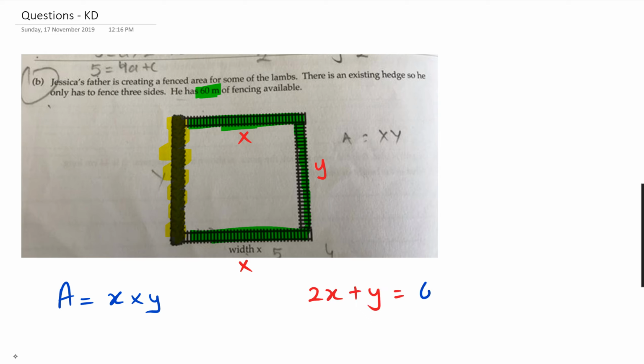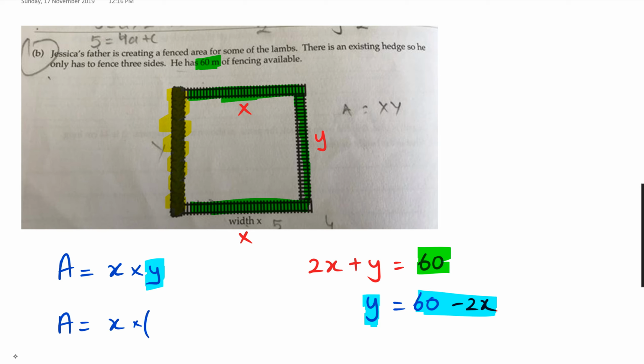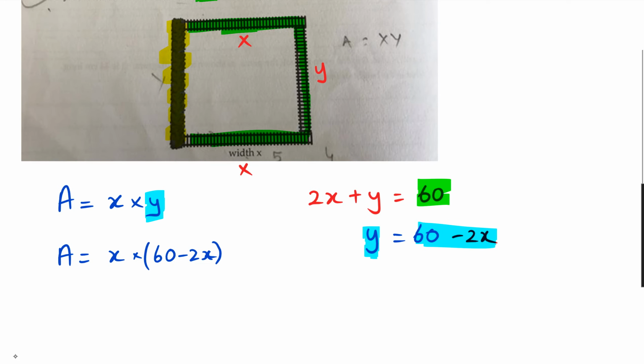At this step, I can replace y with 60 minus 2x in the area function. So area is equal to x multiplied by 60 minus 2x. Expanding the brackets, we get A is equal to 60x minus 2x squared.